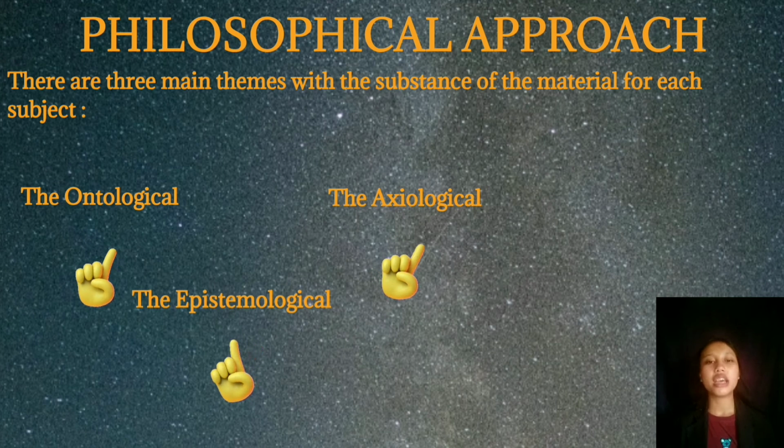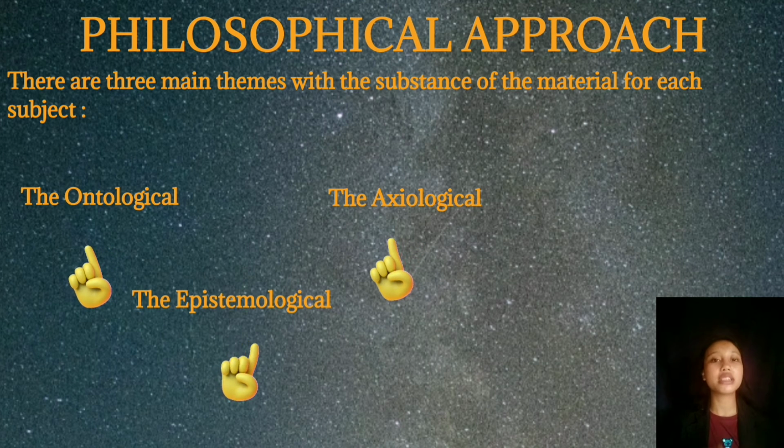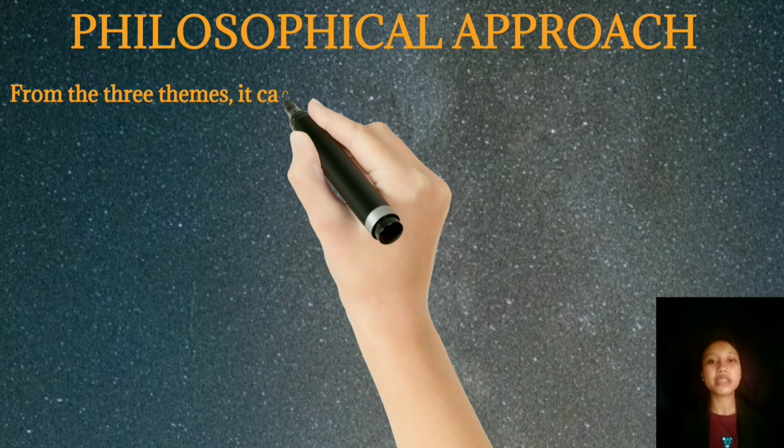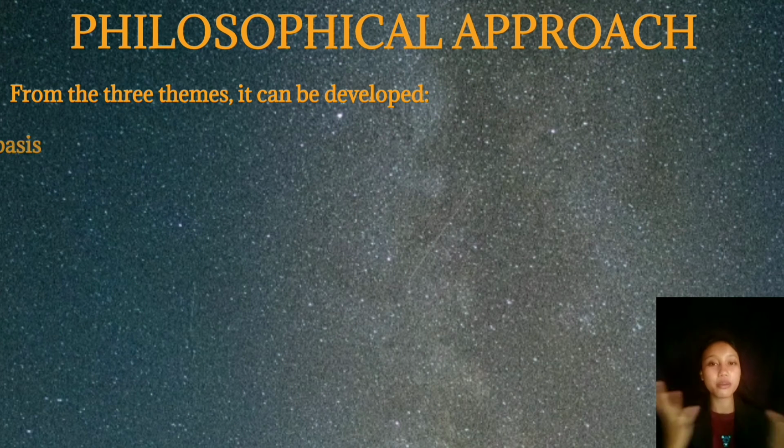The second one, the epistemological terms, related to how the transformation is in accordance with a predetermined or agreed context standard. The third one, the axiological terms, is related to what the benefits of science are for the life of students.